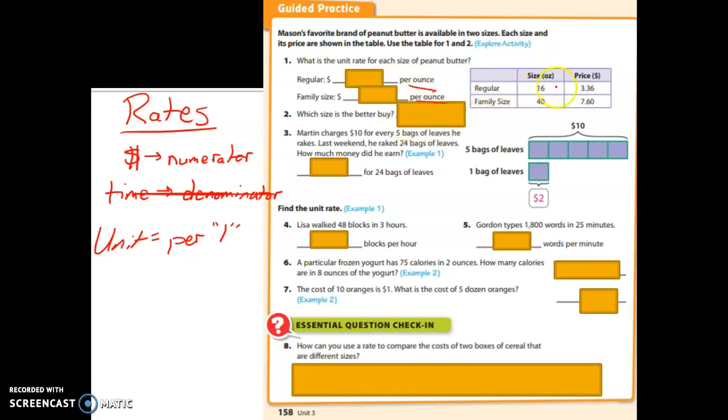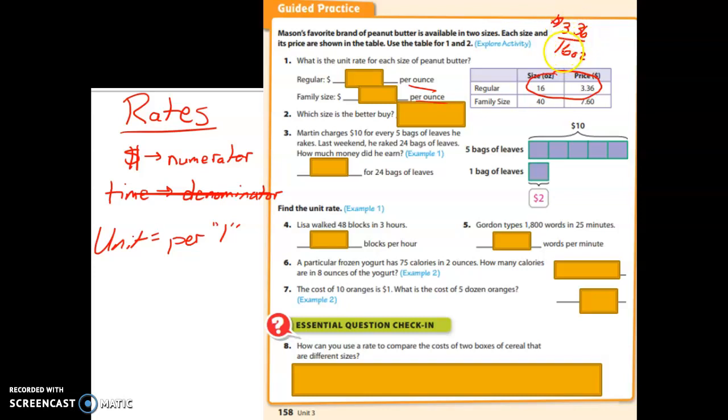So for over here, for the regular, right? Well, money goes on top. So for the regular price, I would do $3.36 for every 16 ounces. And then if you recall from yesterday, all we need to do to find the unit rate is take $3.36 divided by 16. And for this unit, you may use a calculator, okay? So money's on top, $3.36 per 16 ounces.